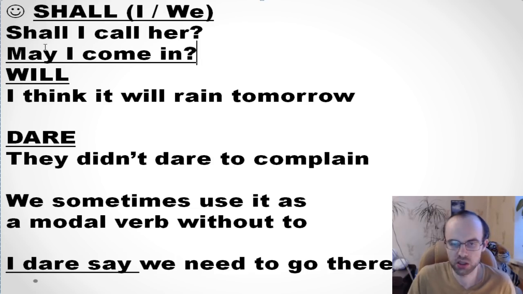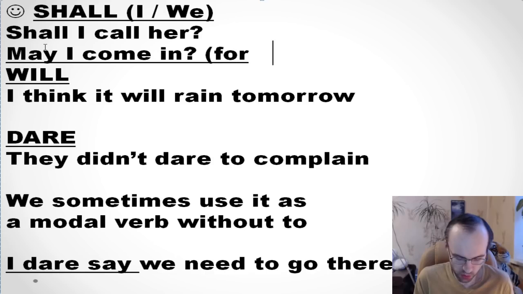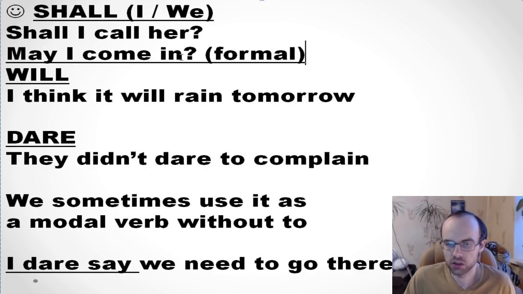But it's very, very formal. Or shall, it means is it okay if I call her? Will, I think it will rain tomorrow. But for me, will is an ordinary verb, so it's a little bit strange when people say that it's a modal verb. But sometimes we see that they say shall and will are modal verbs. We mostly use will in modern English.